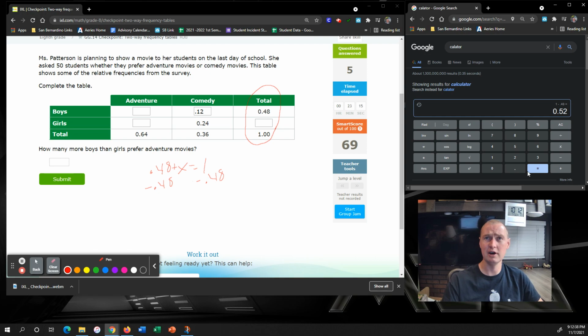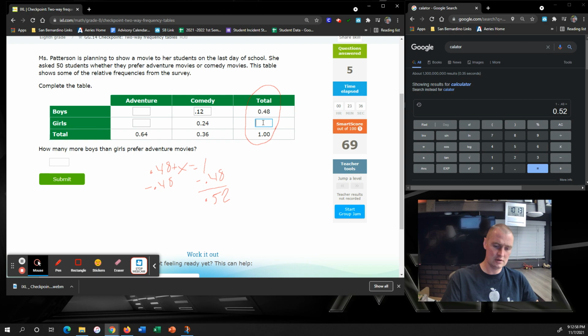I should have gone with the 0.52 to begin with. Careful, sometimes your hand or fingers don't agree with your brain. My fingers were thinking of a 6 and not a 2. So we're going to do 0.52 in our missing box. There we go. All right, that one's done.